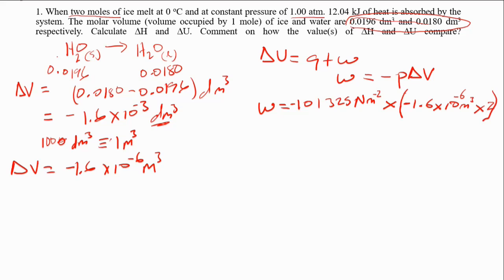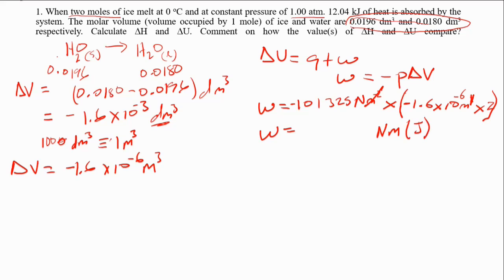Now, let's check out our units, because if our units do not cancel, then it means that what we're doing is wrong. So, reciprocal meters squared cancel. It will cancel away 2 of the meters out of the meters cubed. So you end up with only meter. So at the end of the day, your answer will have units of newton meter. Newton meter is the same thing as joules.